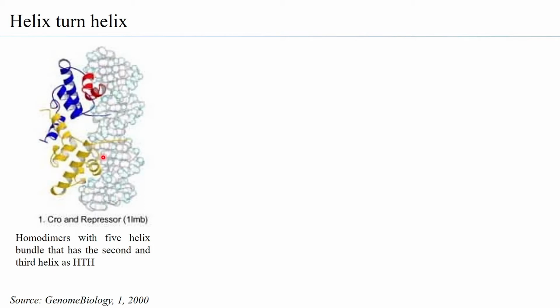So they will dimerize to form a dimer, and both the monomers have 5 helices. Of the 5 helices, the second and the third helix act as the HTH. So you can very well see over here that this is the recognition helix which is interacting with the major groove, and this other one is the perpendicular axis. It is interacting with the sugar phosphate backbone, so this is the supporting helix and this is the recognition helix, and the same you will find in the other monomer as well.